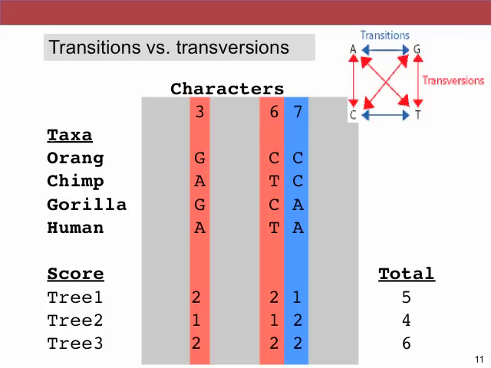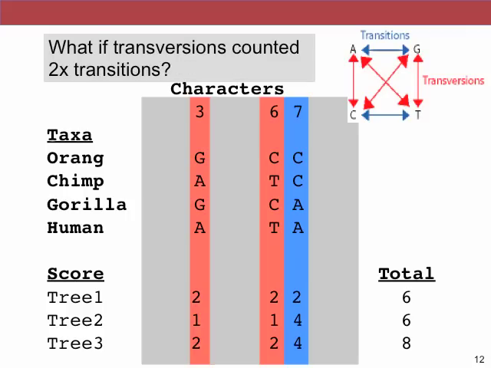They're changes between pyrimidines. However, character 7 is sort of like the throwing the bike at someone example. These are transversion differences. C to A, C is a pyrimidine, A is a purine. We would have to infer the occurrence of transversion changes for this character.